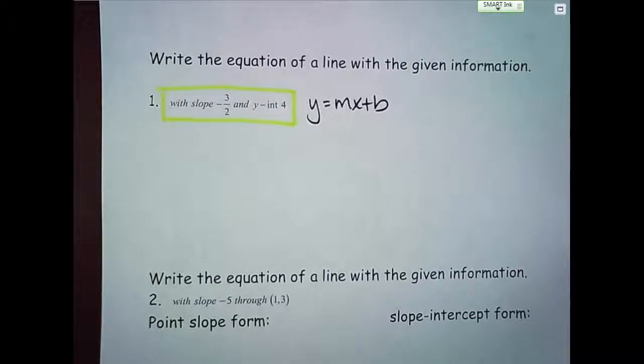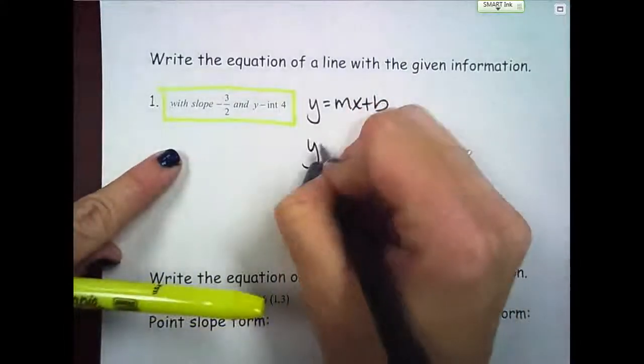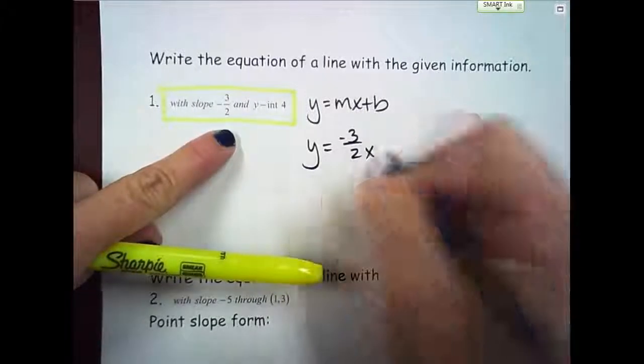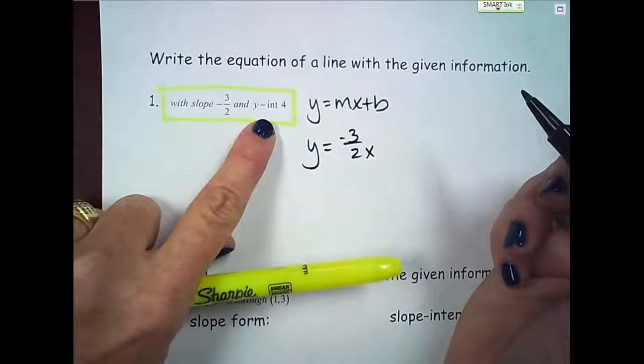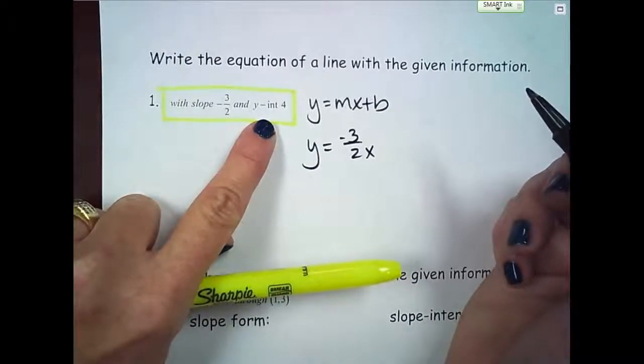It's the easiest. You may be asked to move it all around, but don't worry. Start there. So that just becomes y equals negative 3/2 x. This is the y-intercept, isn't it? This is b. What does that look like as a point?